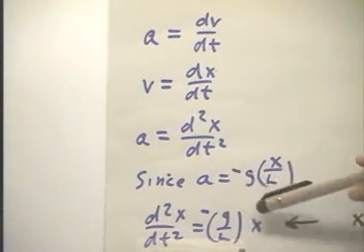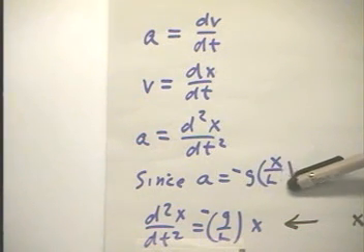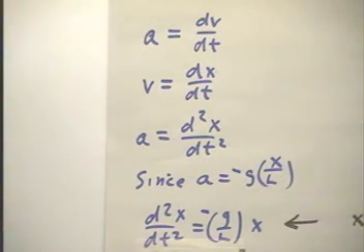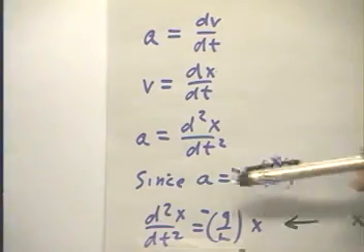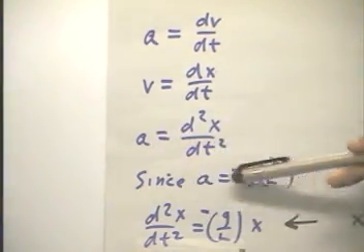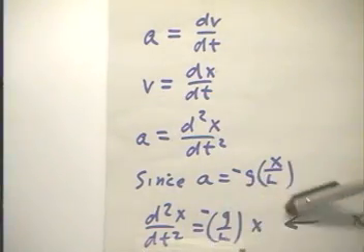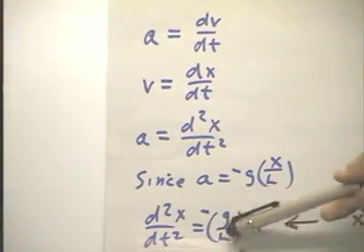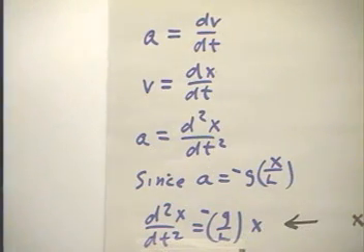Now, since acceleration is negative g times x over L, as we just found from analyzing the forces, then we conclude that this expression for the acceleration is equal to this, and we get this equation. Second derivative of x with respect to t is negative g over L times x.